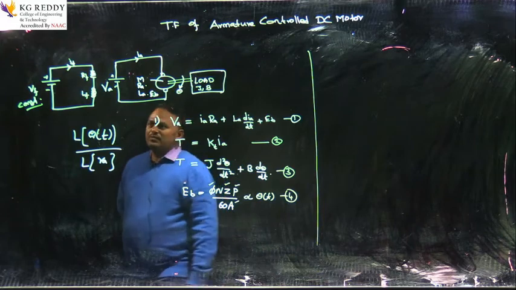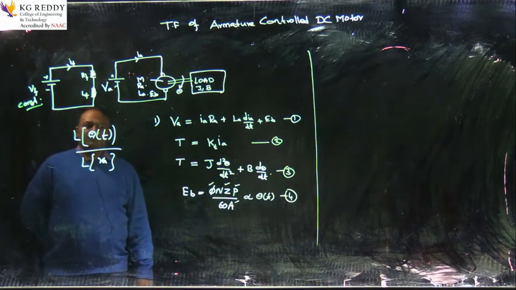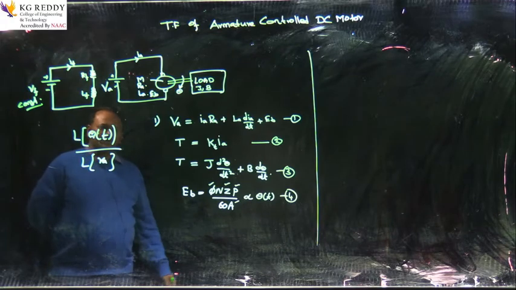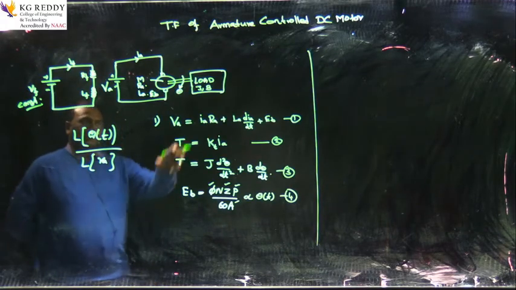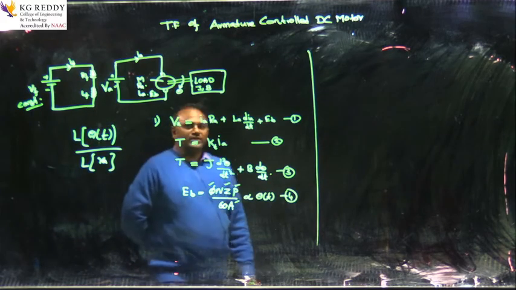As I said, transfer function is the ratio of Laplace of output by input, but these are all in time domain. We need to convert this into Laplace or S domain.